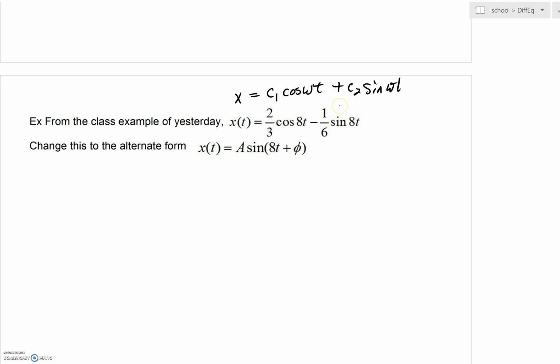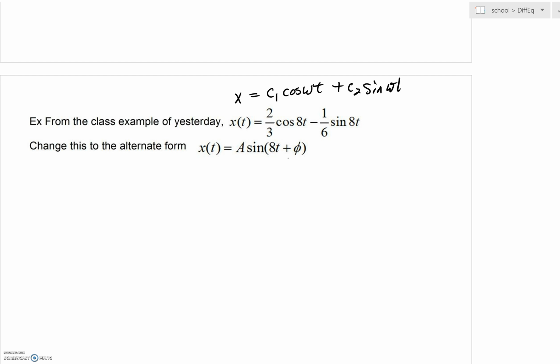We came up solving our initial value problem with c1 is 2/3, c2 was negative 1/6. So we'd like to change this to this newer form where we could quickly find out what the amplitude of this wave function is. We could already figure out the period. You can see that that's not nearly as difficult to work out.